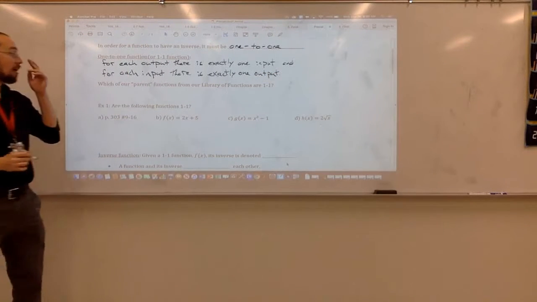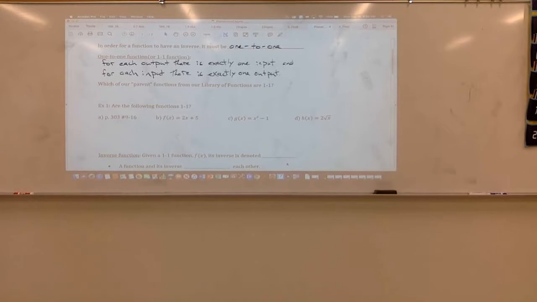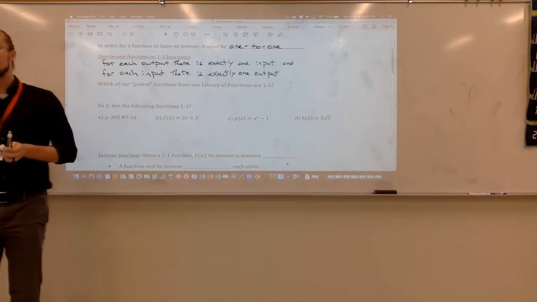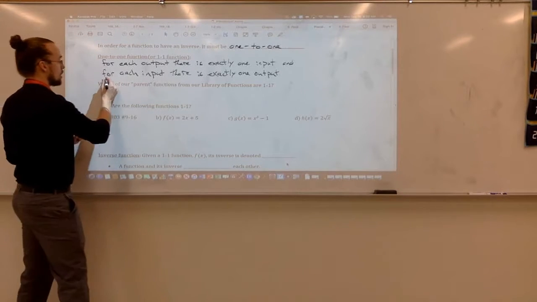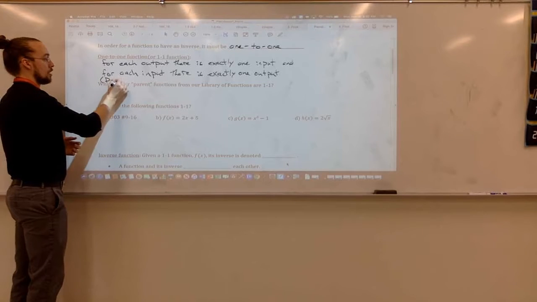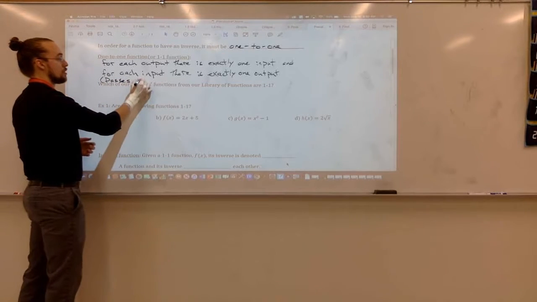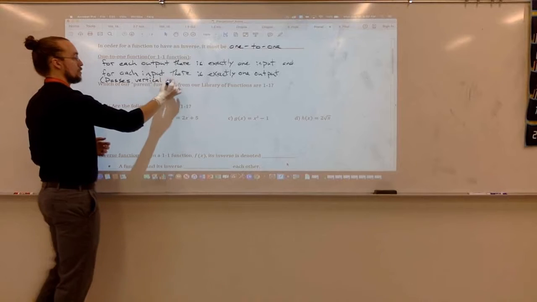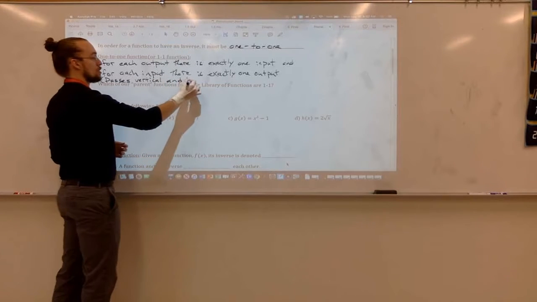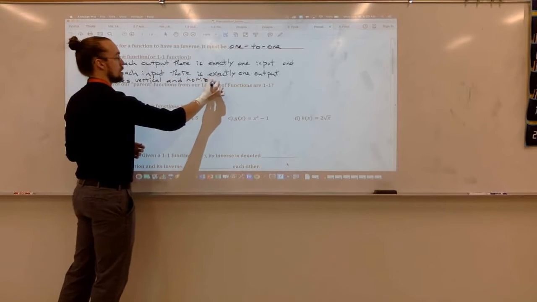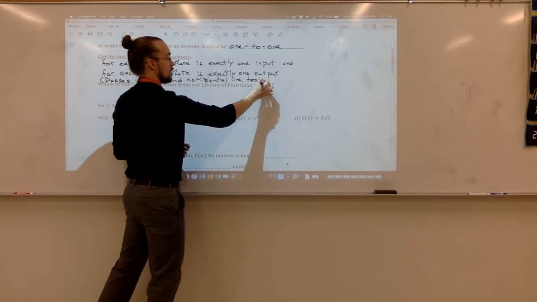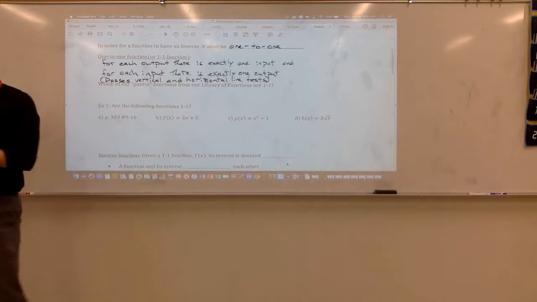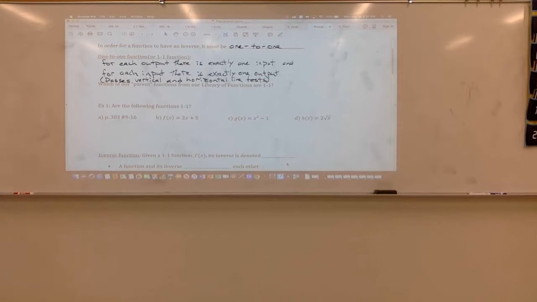Another way of saying that is the graph passes both the vertical line test and the horizontal line test. So we can also say: passes vertical and horizontal line tests. That's the easiest way to think about the graph of a function being one-to-one.